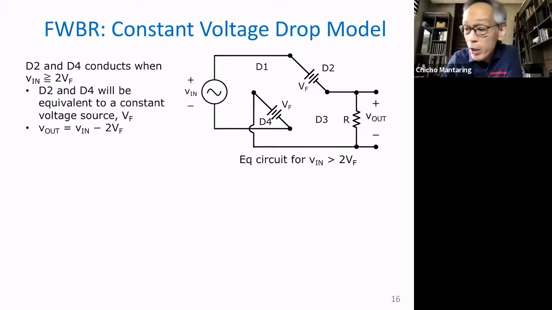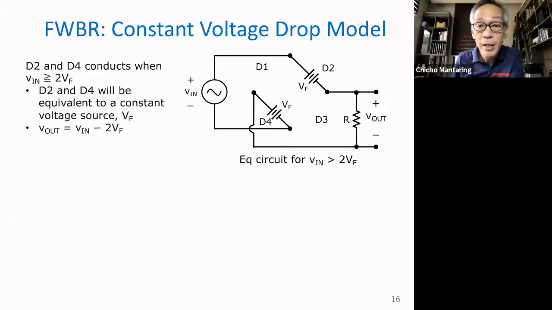D2 and D4 will only conduct when your input voltage is greater than 2 times the forward voltage because you have 2 diodes. For each diode to conduct, the voltage across the diode has to be greater than the forward voltage. And since you have 2 diodes, your input voltage has to be greater than twice the forward voltage. Okay. So again, this is the condition at which your diodes conduct.